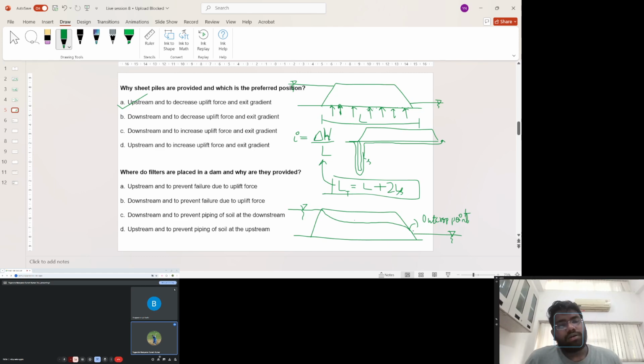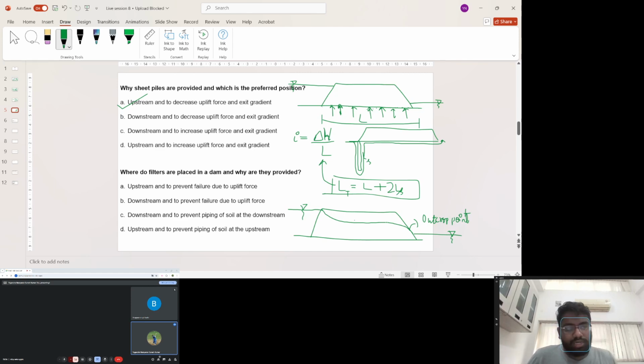If the outcrop point is on the downstream slope, then erosion will occur, which will in turn damage the entire embankment. So the easiest way is to make the flow of water exposed to the atmosphere.